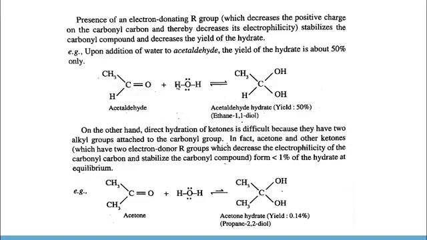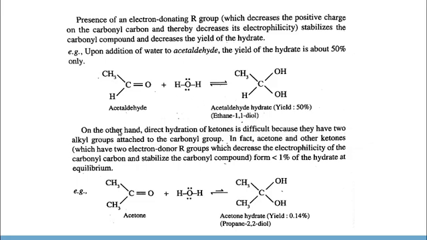Here you can see in the case of acetaldehyde only 50% hydrate is formed, but in the case of formaldehyde we got 99.9% hydrate. Because of the presence of the electron releasing CH3 group, the product is only about half.